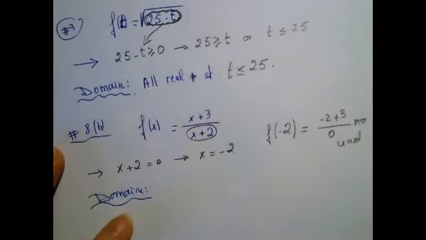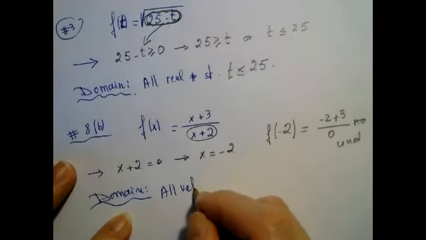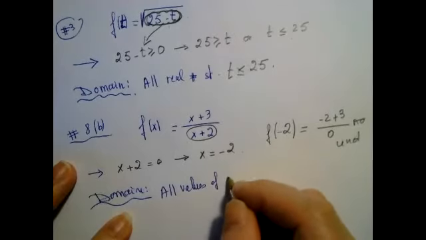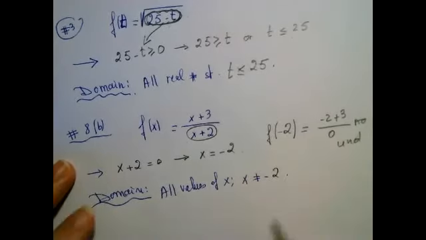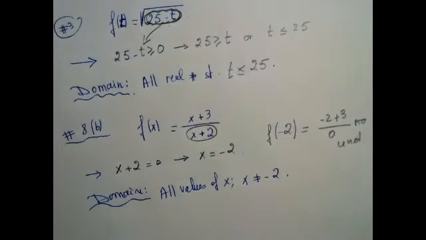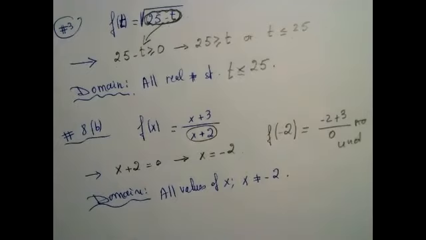So the domain would be all values of x such that x is different than minus 2. Everything but minus 2 is allowed, because if you plug in minus 2, I will have a number which is not defined. All right?